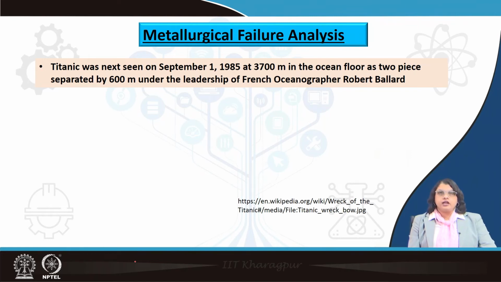So, let us look into our part here. So far, all those corrective measures were taken based on the general understanding of what may have gone wrong. But the actual reason for the failure can be well understood from a metallurgical failure analysis, if we can do that.